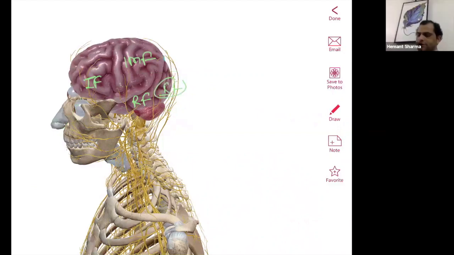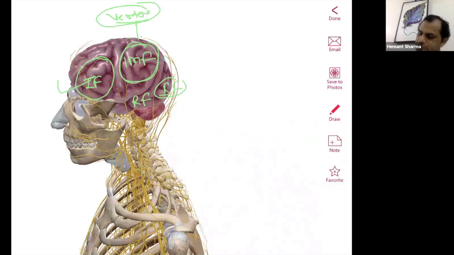So if someone is suffering with a headache in this frontal part, someone is complaining, I have frontal headache, we can do the treatment with the help of index finger. If someone is complaining that having headache in the parietal lobe, or in the vertex, top of the head, so we can treat with the middle finger.